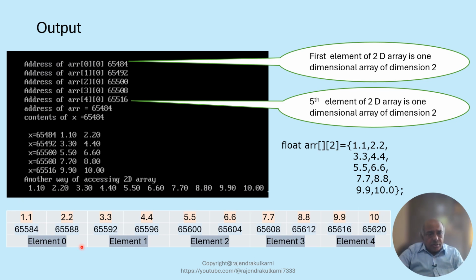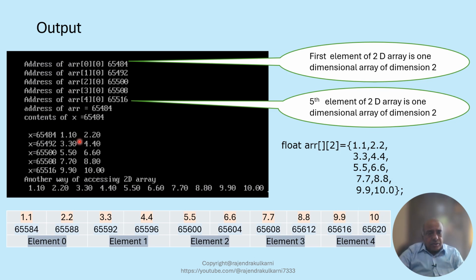Now this diagram shows how these elements are stored in the memory. As we have seen earlier, when a 2D array is used, the compiler allocates consecutive or contiguous memory locations to it.